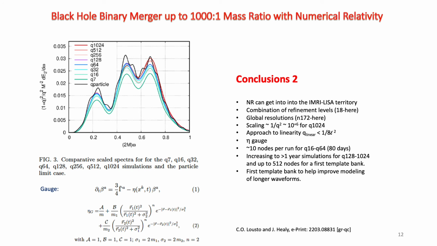And we have concluded that the numerical relativity and moving puncture formalism can effectively be used to compute small mass ratio binaries, even in the 1000 to 1 and well into the IMRI-LISA territory, and can accurately describe those very low amplitudes gravitational waveforms.